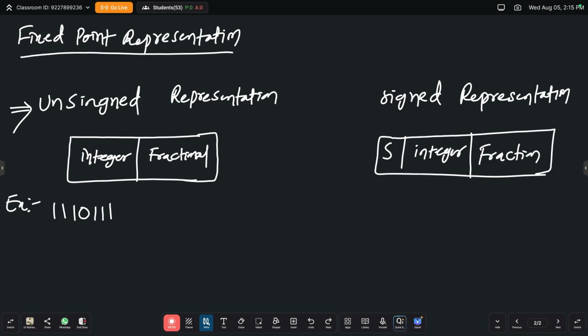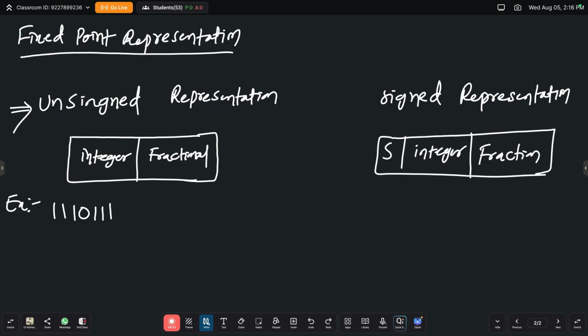Are you following? Is the question clear? If this is a binary number, you represent it in the form of fixed point representation. How many integer bits are they asking? 4. How many for the fraction? 3. This is the question. That is very simple. Tell me. First, you need to check whether the given number is unsigned or signed. Unsigned. So you follow this structure. First, clear? Then what do we need to do?